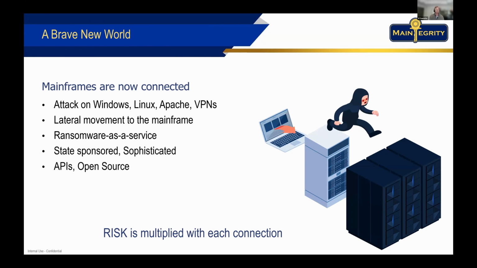So perhaps one of those distributed machines that is trusted and has been reliable for a long time gets compromised, but that very trust that is established with the mainframe is the way that the mainframe gets invaded.